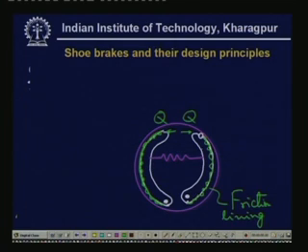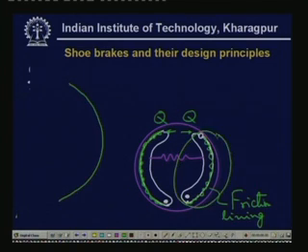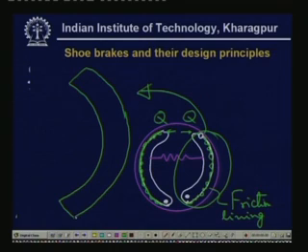When this brake rotates, suppose let me draw this part a little bit. So, this is the part, and we have a brake shoe over here.